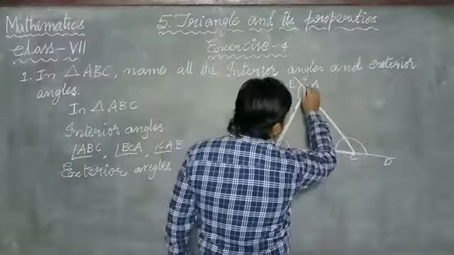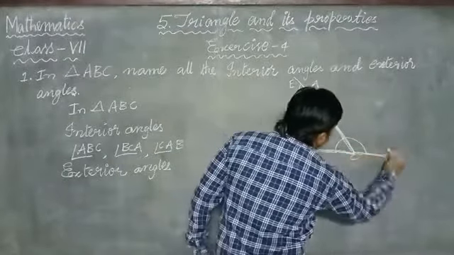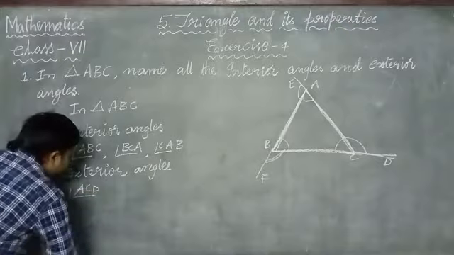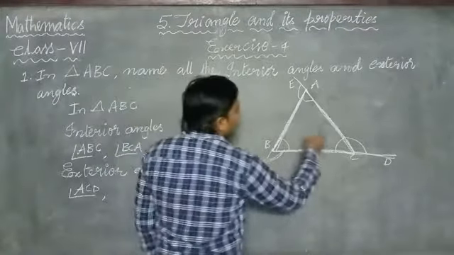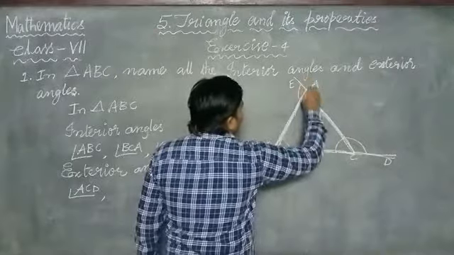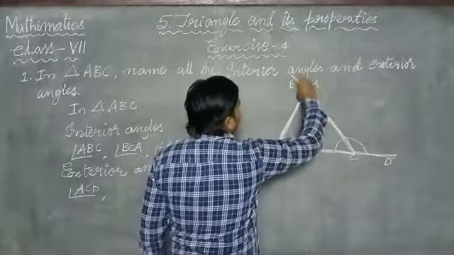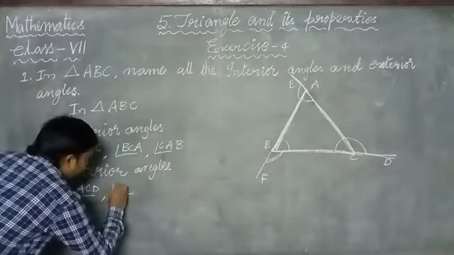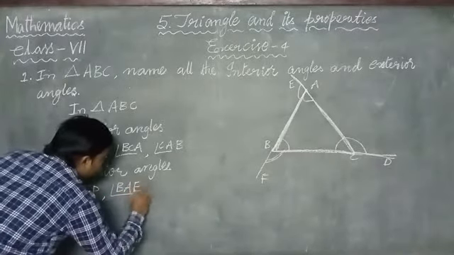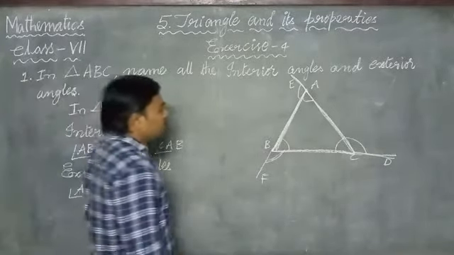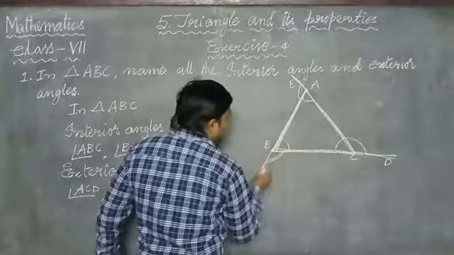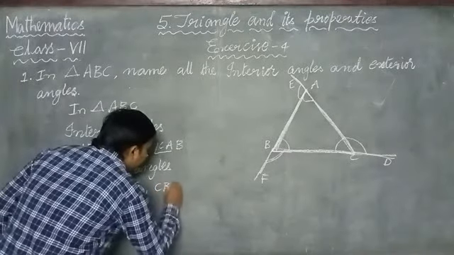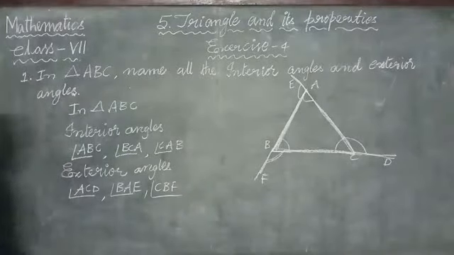The first exterior angle is angle ACD, one of the exterior angles. And angle BAE is one of the exterior angles, and the angle CBF is one of the exterior angles.